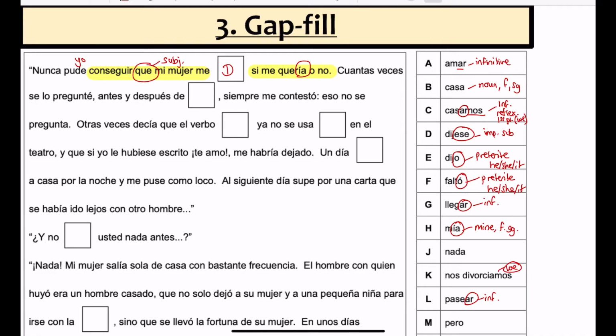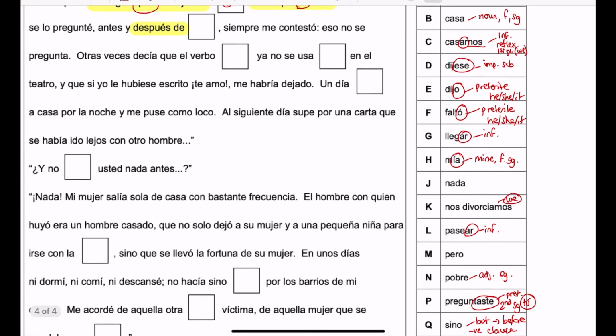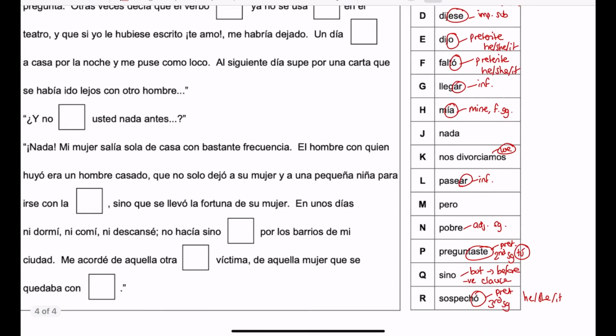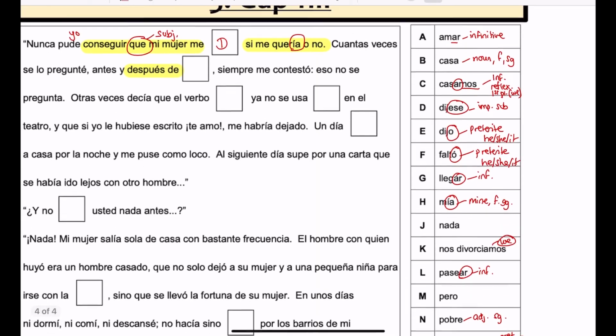And the next one, ¿cuántas veces se lo pregunté antes y después de something? Siempre me contestó. Now, what's important here is antes y después de is always followed by an infinitive. So you've got a preposition de and you need an infinitive. Let's have a look at the list. We've got amar, casarnos, llegar, pasear. Pasear, to walk.